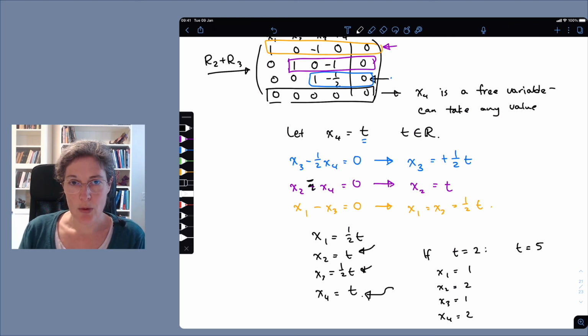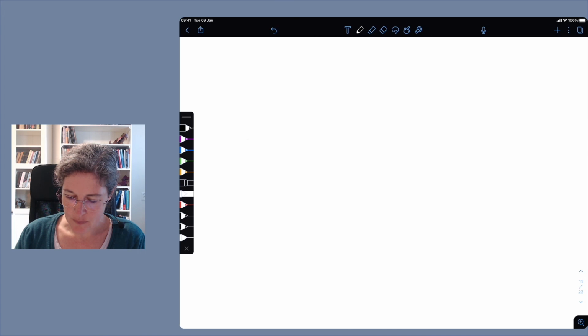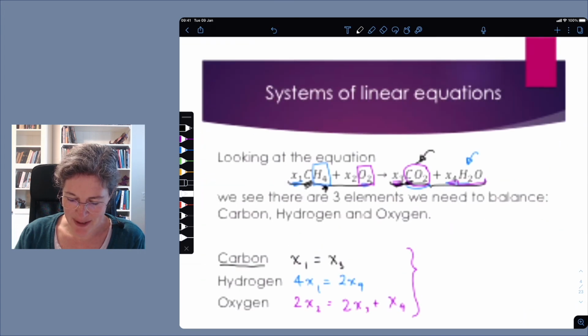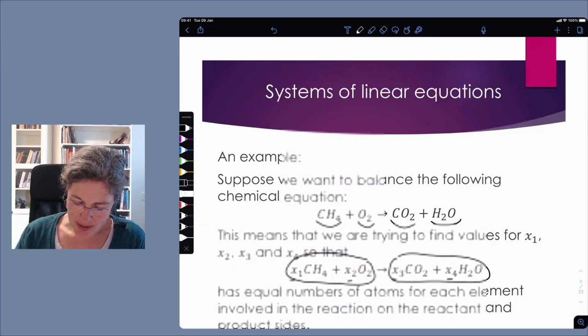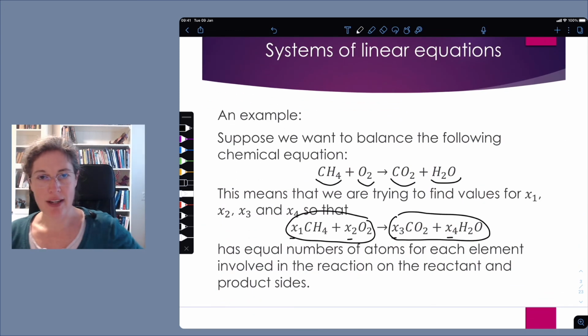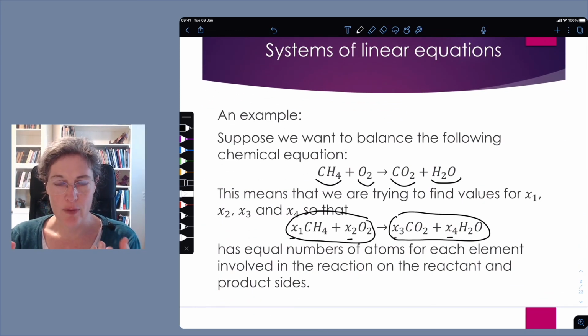So thinking back, what was it that we were trying to do all this time ago? How did we start this all out? Well, we started out by saying we want to find out how much of each chemical we have to have so that everything balances.